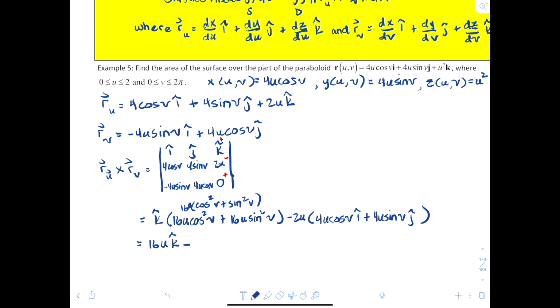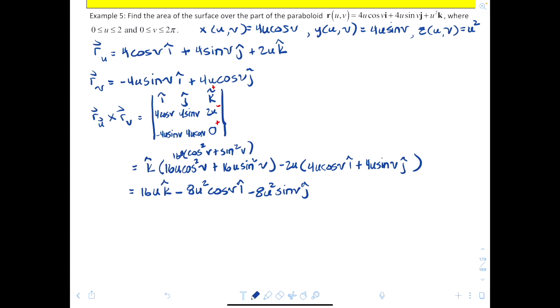And then minus 8u squared cosine v times i minus 8u squared sine v times j. So putting this into component form and factoring out a negative 8, actually we could factor out a negative 8u, right?